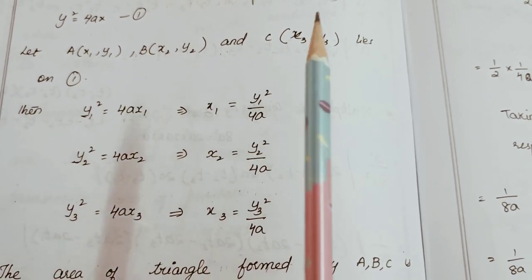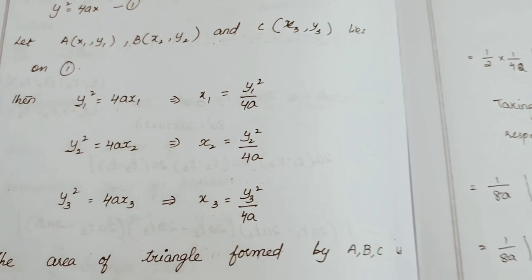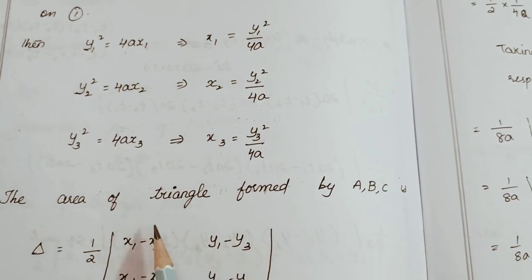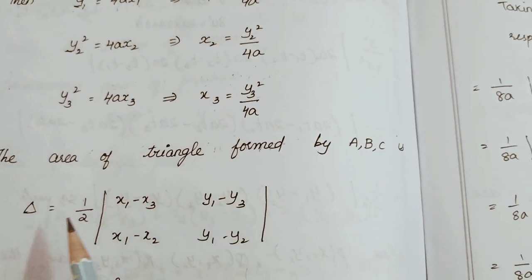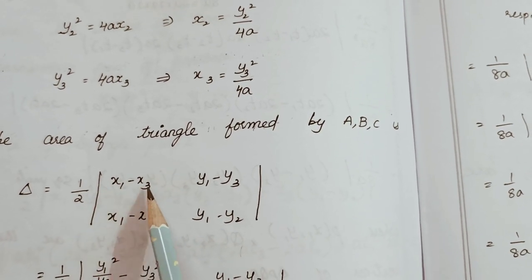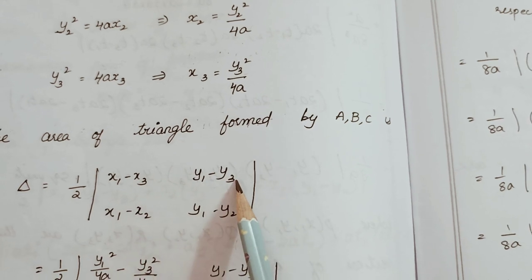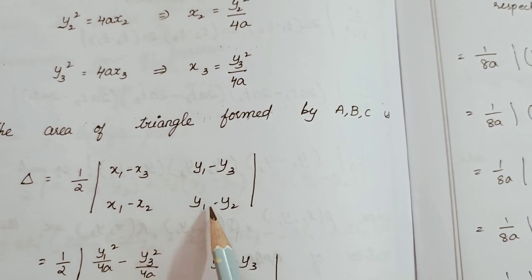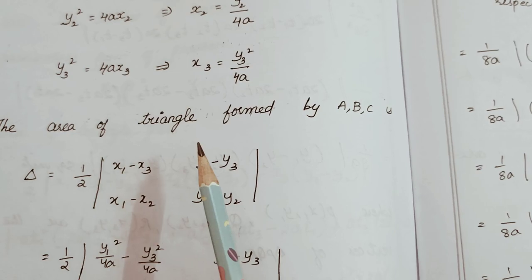Substituting all these values in equation 1. The area of triangle formed by ABC is half mod of (x1 − x3)(y1 − y3), (x1 − x2)(y1 − y2). This is the formula for the area of a triangle.